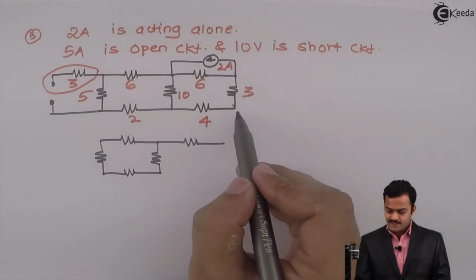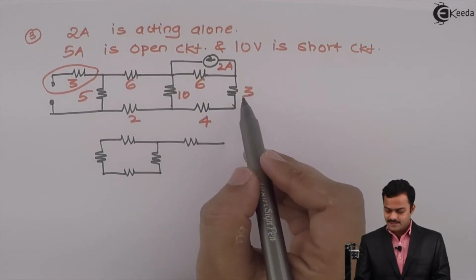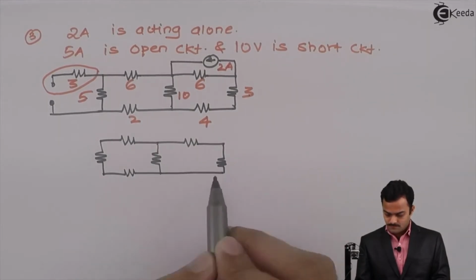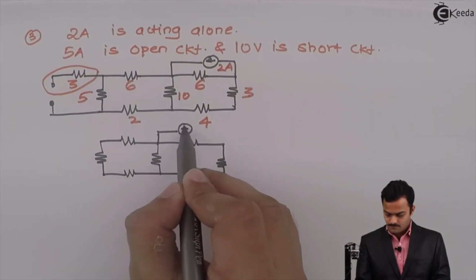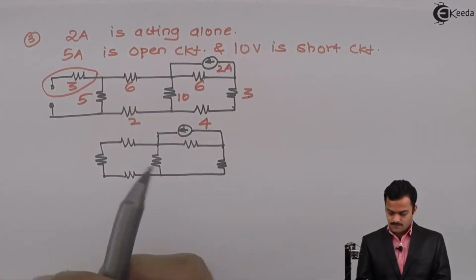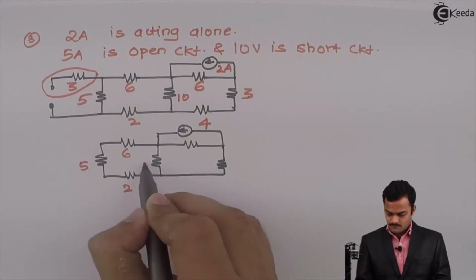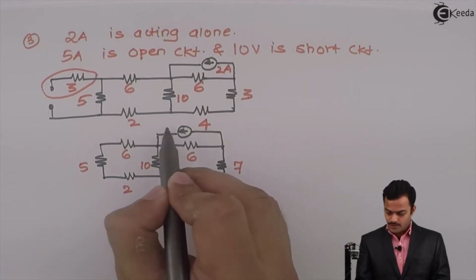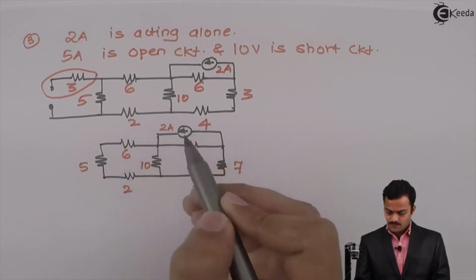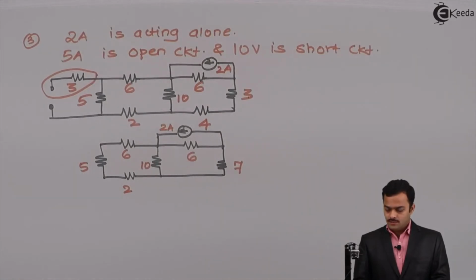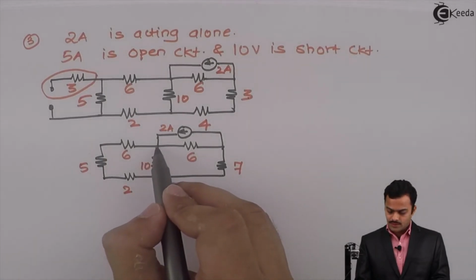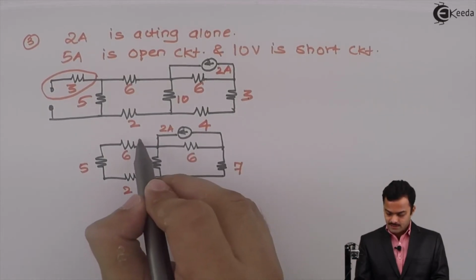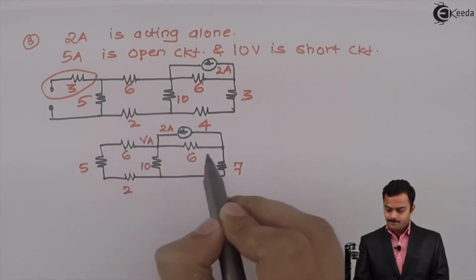I can say this 3 and 4 are in series, that will become 7 ohm. This is a current source of 2 ampere. Let's apply nodal analysis. So I'll consider this node where 1, 2, 3, 4 branches are connected with potential VA.